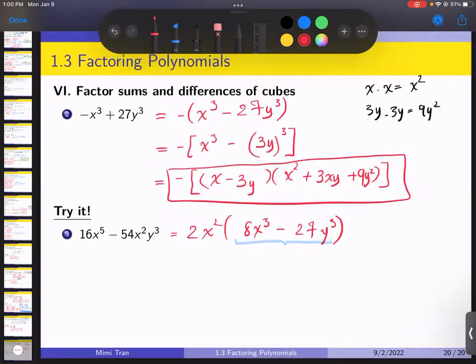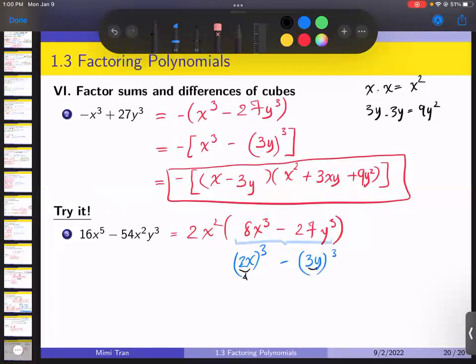So I'm gonna ignore the 2x squared outside. So this one inside, I know it's a cube, right? So I need something cubed minus something cubed. I got a cube here, but I don't have a cube for the a. So rewrite 8x cubed as 2x parenthesis cubed, or sometimes I say quantity cubed, minus 3y quantity cubed.